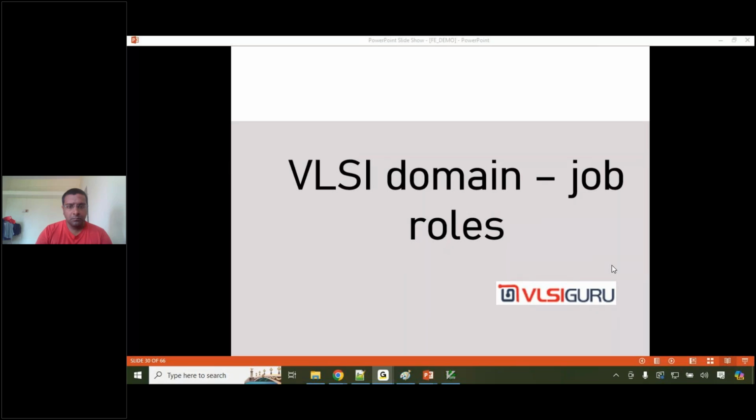So before the break, we were discussing the VLSI domain, what is the front-end domain and what is the back-end domain. We also understood how the front-end domain is similar to the software flow. So by now you'd have understood that if you want to get into the front-end domain, you should be comfortable with programming.